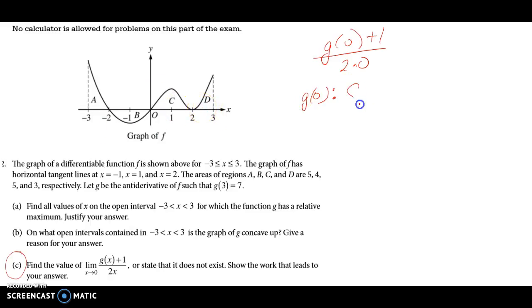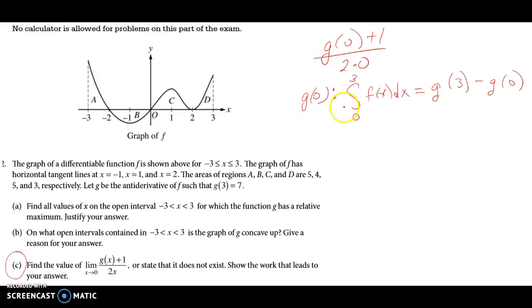So the antiderivative of f of x from 0 to 3 is what we want to use, and we want to use the interval from 0 to 3 because we're trying to find g of 0, and we know g of 3, because when we evaluate this definite integral, that would be g of 3 minus g of 0.